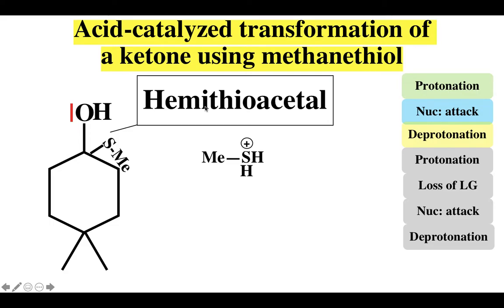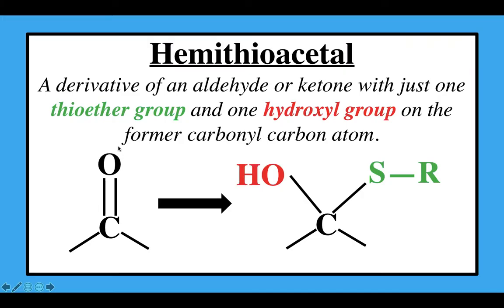So this is kind of like our hemiacetal, right? It has our hydroxyl group and it has an ether group, but this is a thioether, students. This is methyl sulfide. So a hemithioacetal is a derivative of an aldehyde or ketone with a thioether group and a hydroxyl group on the former carbonyl carbon atom. So that's the only difference between a hemiacetal and a hemithioacetal: instead of an ether group, it's a thioether group.